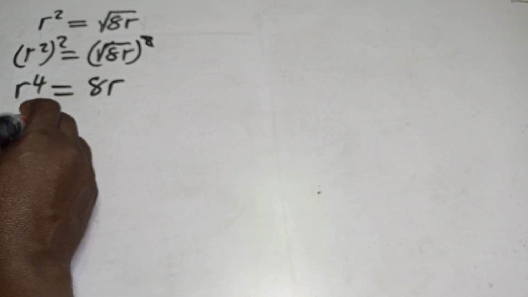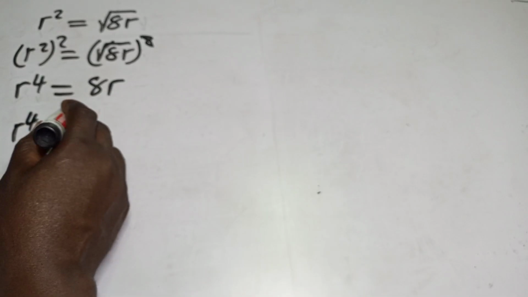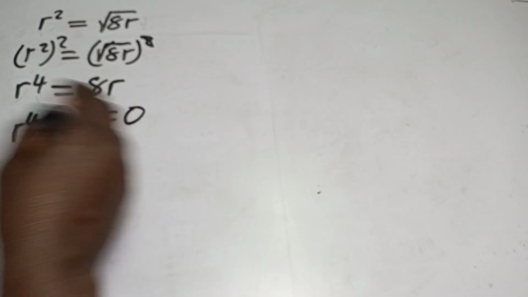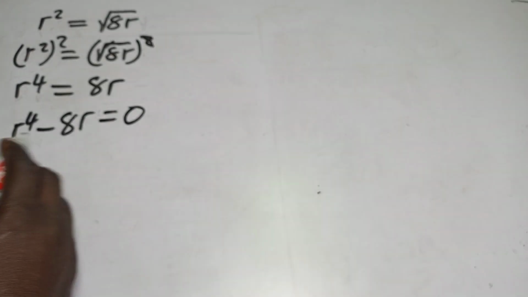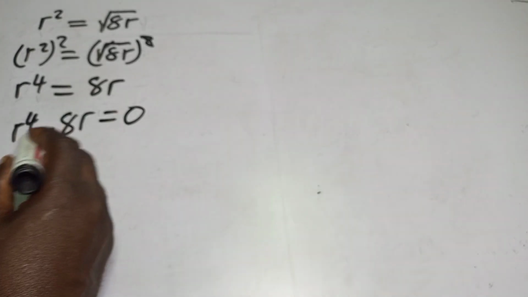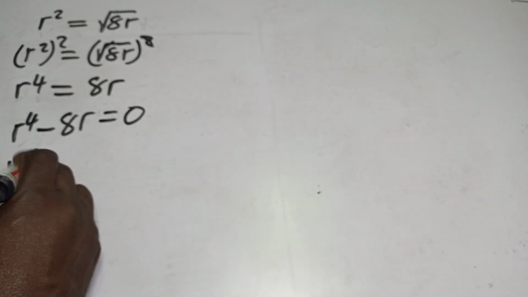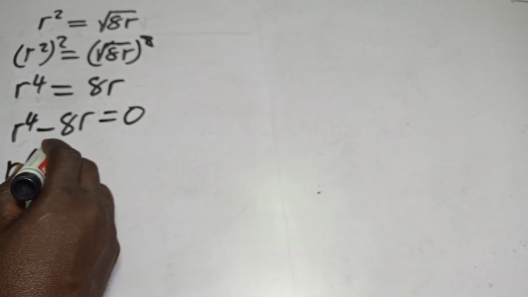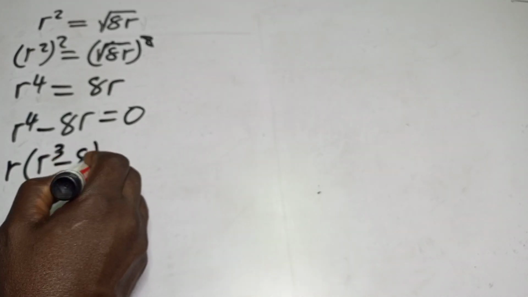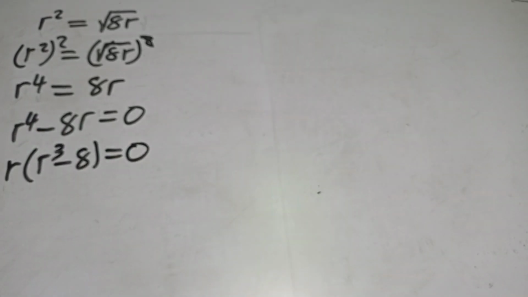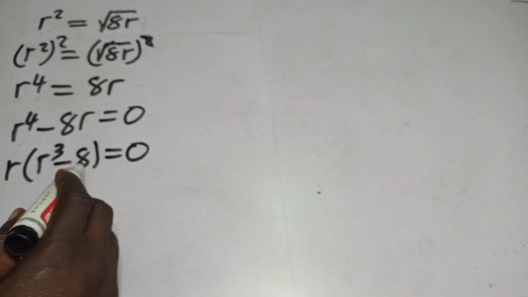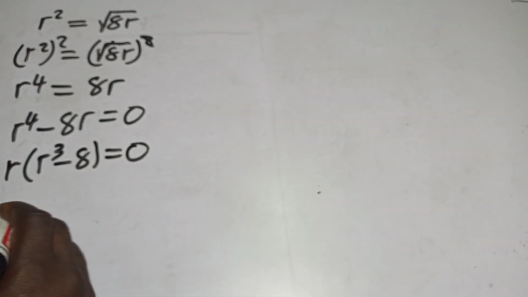We have r to the power 4 minus 8r is equal to 0. Now we see r is common, we factorize out r. We get r into r cubed minus 8 is equal to 0. Now we have the product of two expressions giving us 0.